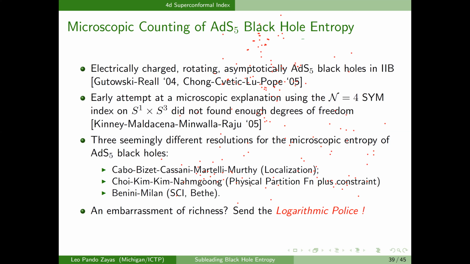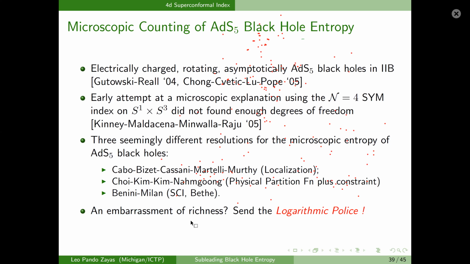And Benini and Milan used the superconformal index in a Bethe-Ansatz formulation, and also computed this index. One of my old mentors, Michael Duff, used to like this phrase, an embarrassment of riches. Life is too good to be true, right? You now have three completely, a priori separate explanations of the same thing.